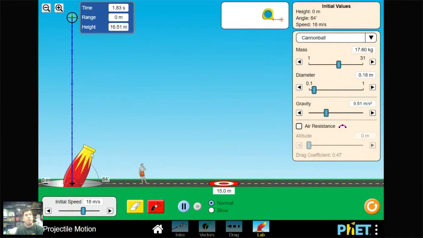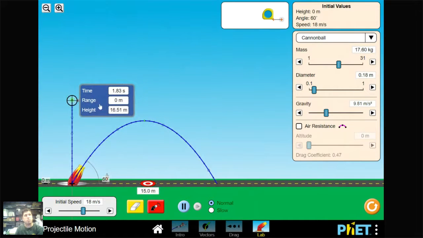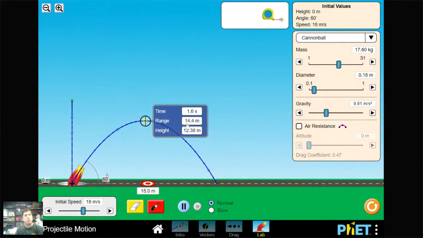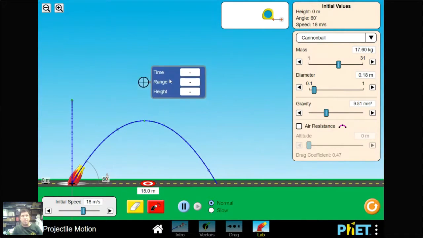Okay? What about if we do a 60-degree angle? Well, I shoot this one, and this goes pretty far. In this case, our range was 14.4 meters with the given launch speed. So 14.4 meters, that seems reasonable. Definitely farther than our 90.